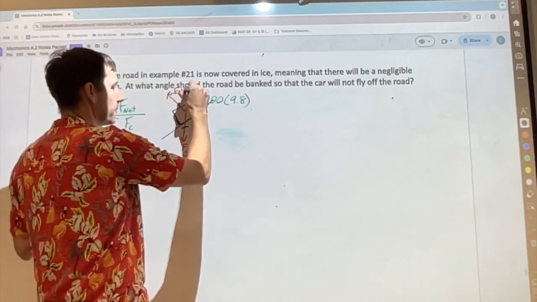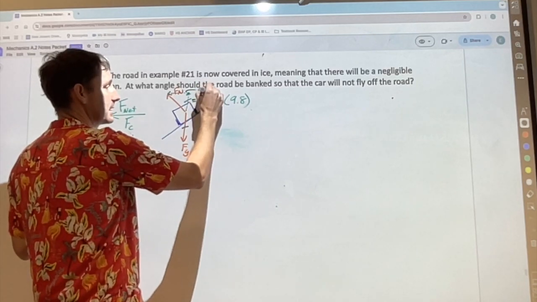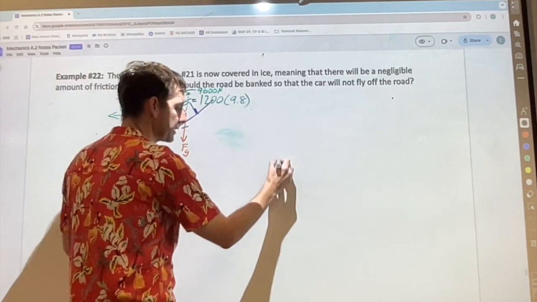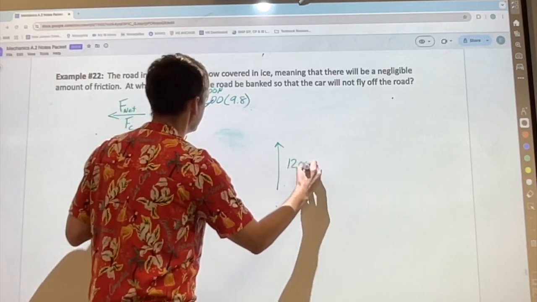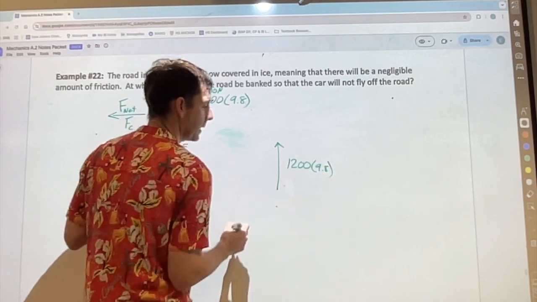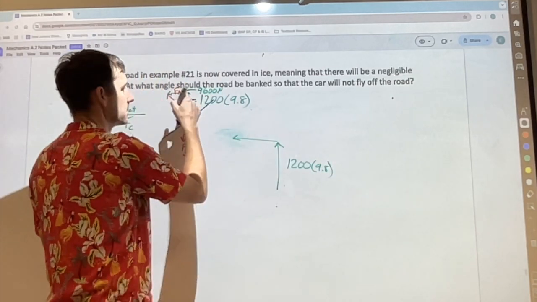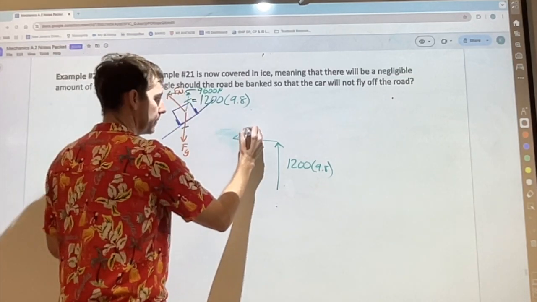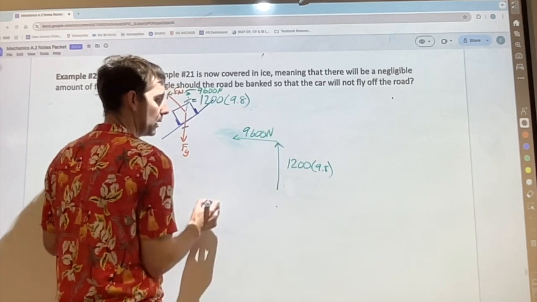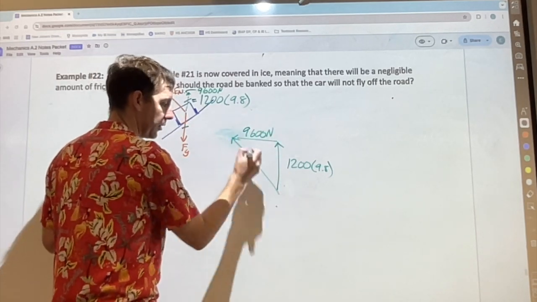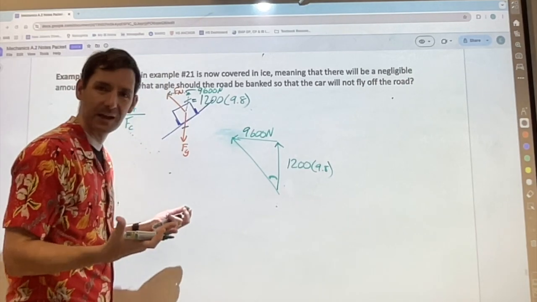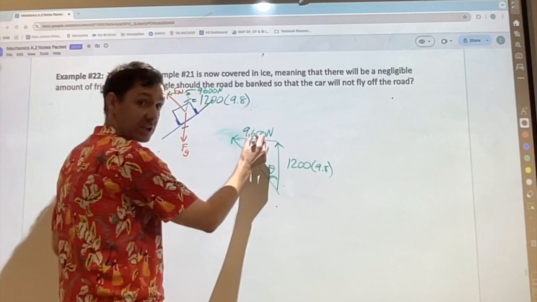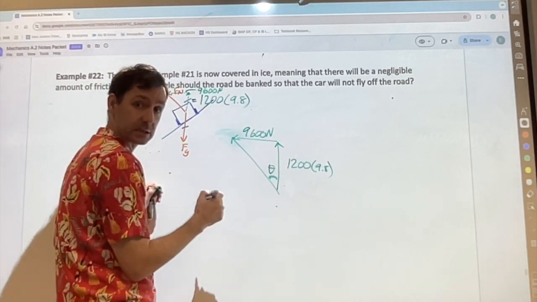We know that the centripetal force then needs to be that 9,600 that we had from the previous one. And so you've got a vertical force of 1,200 times 9.8, and you've got a horizontal force of 9,600, which means we can figure out what the angle of the slant is, right? So for theta we're going to use tangent, opposite over adjacent.